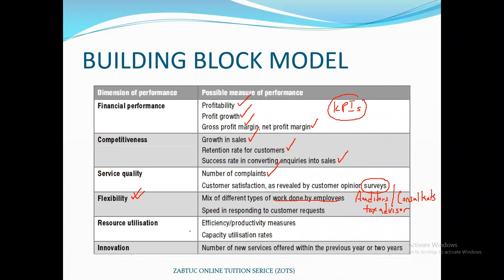Resource utilization. Efficiency, productivity measures. How productive are we? How efficient are we? To what extent do we utilize capacity? Or what is your percentage of idle time?